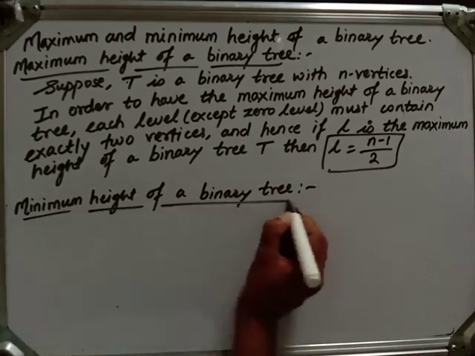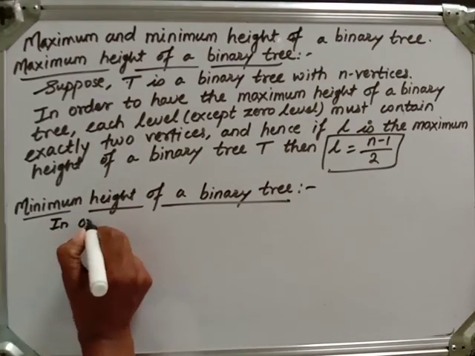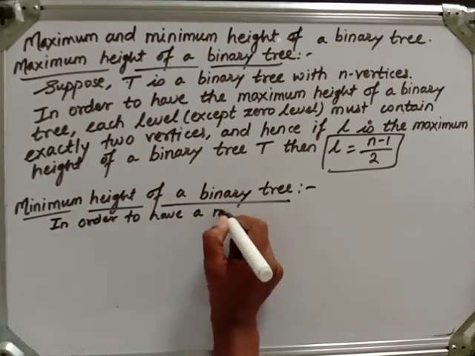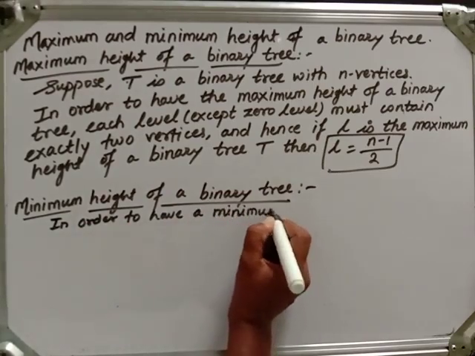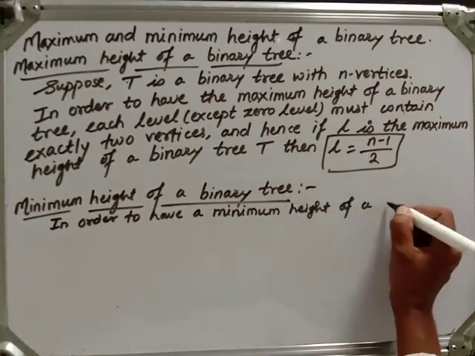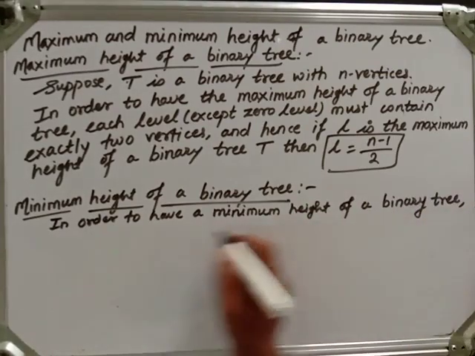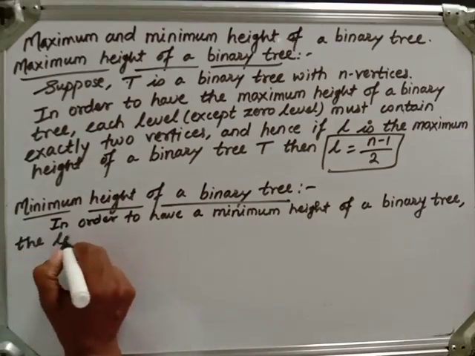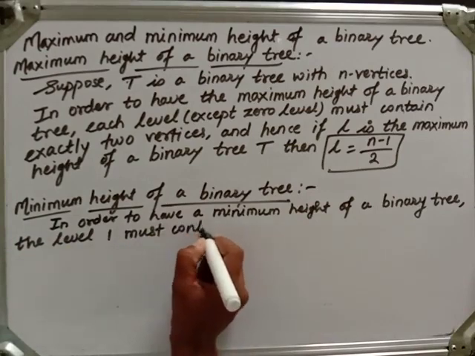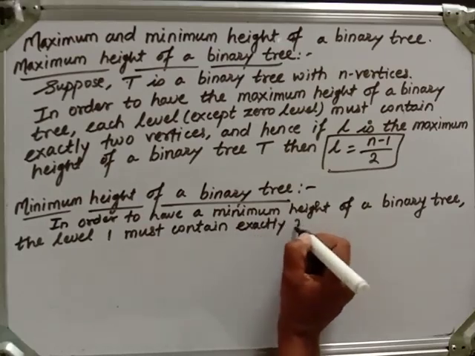What is it? Here, in order to have a minimum height of a binary tree, the level 1 must contain exactly two vertices.